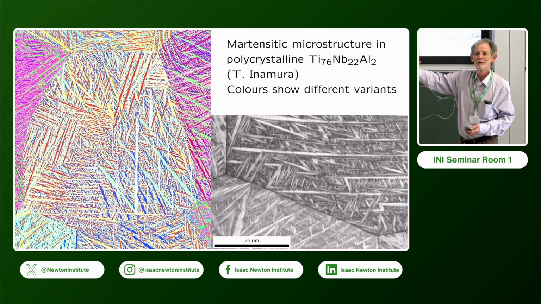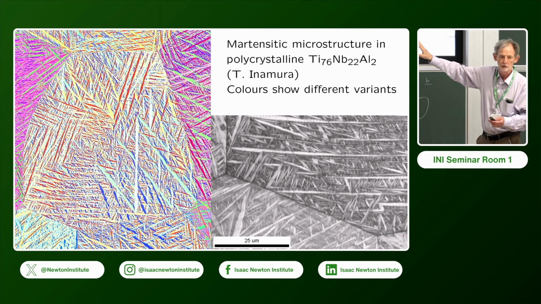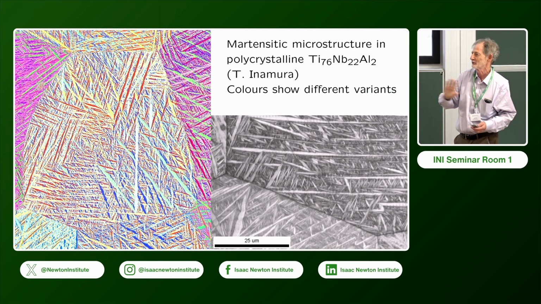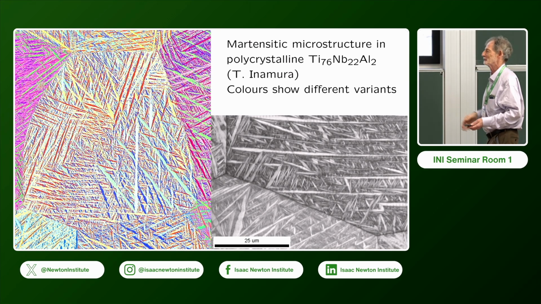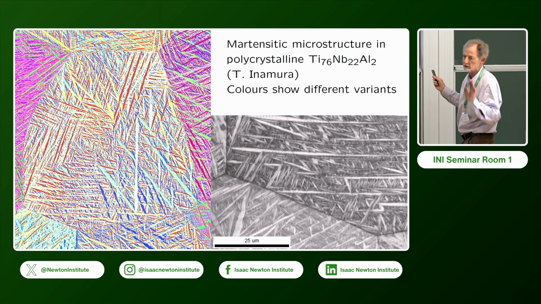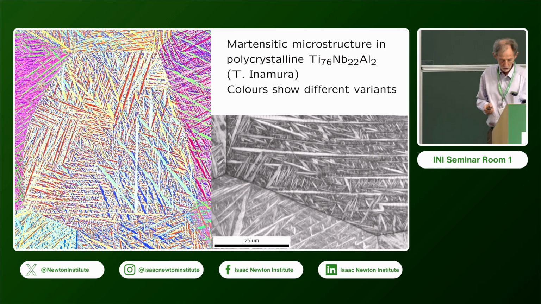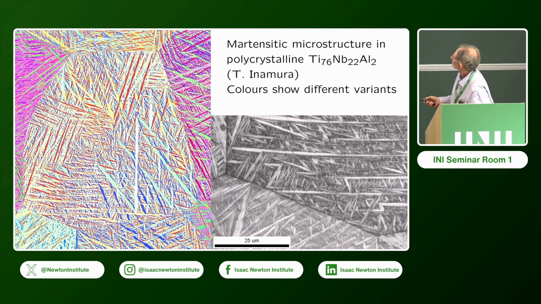So then you have to polish off the top layer where the hot wire was, and then you get this microstructure which is exposed. So it's an incredible, time-consuming, difficult experiment. And there it is. This microstructure is very unusual for a martensitic phase transformation. It doesn't usually look like this.